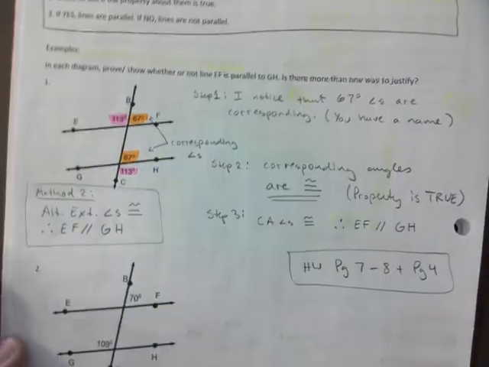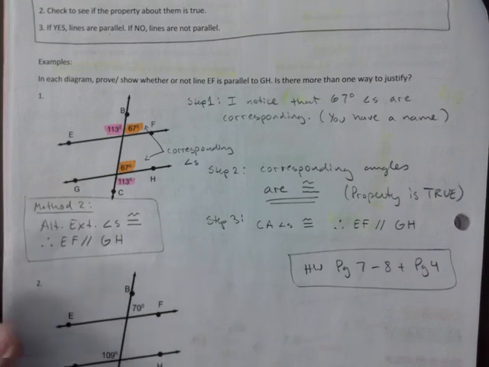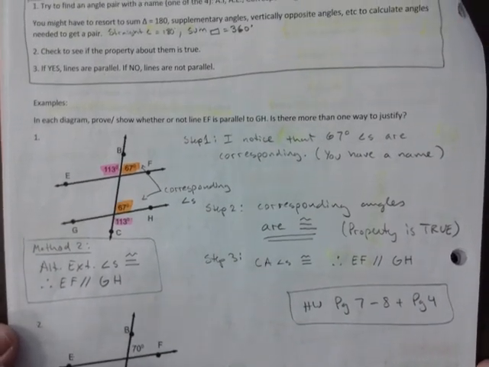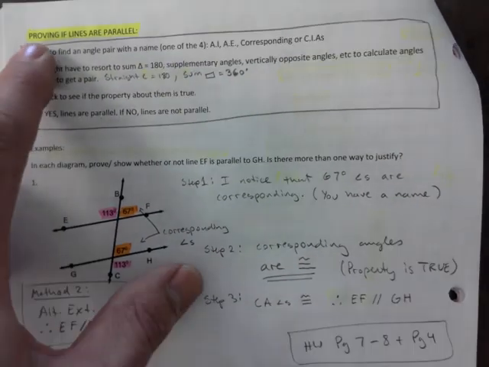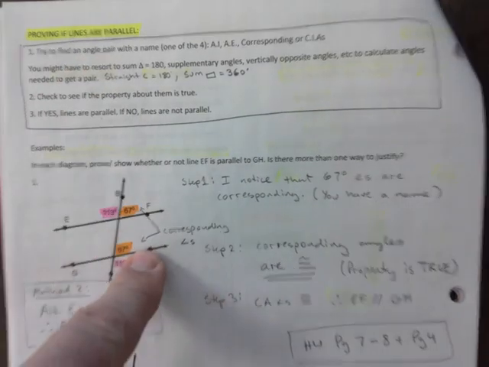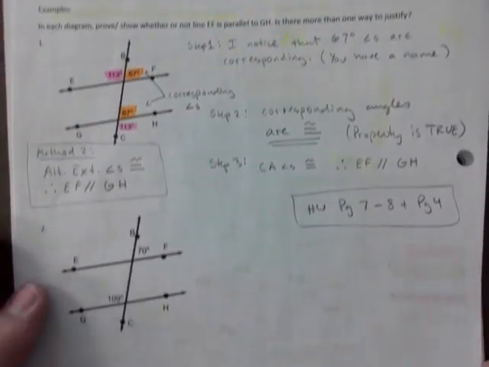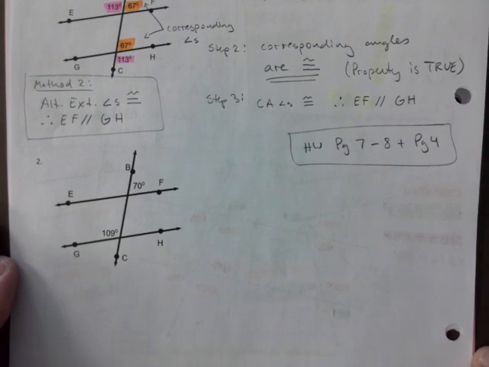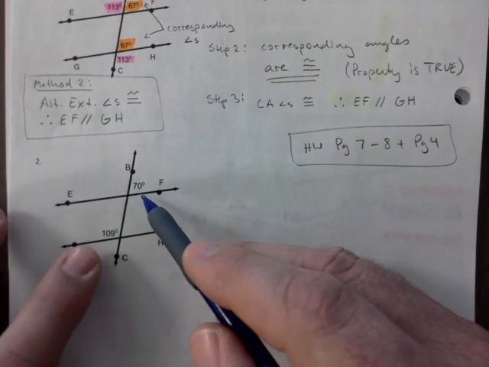We're going to page 7. And I have to clarify here: in these examples, we're proving whether or not lines are parallel. That's what this whole exercise is about. So let's go to question 2. You try to find a name for the angles.